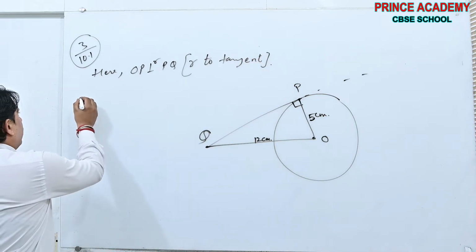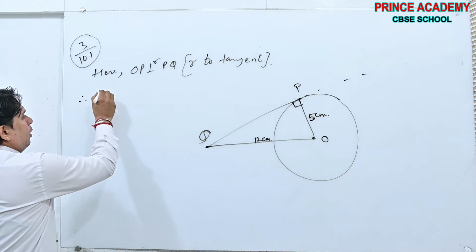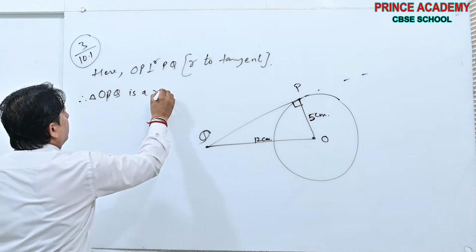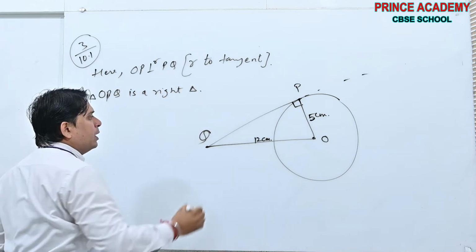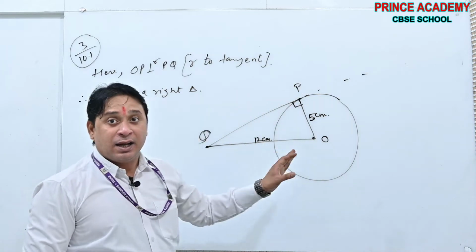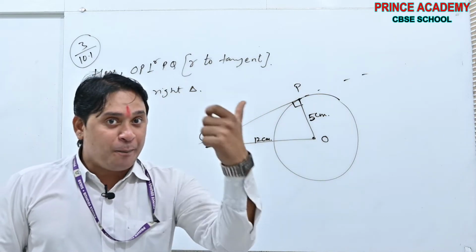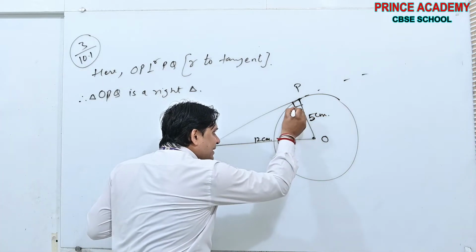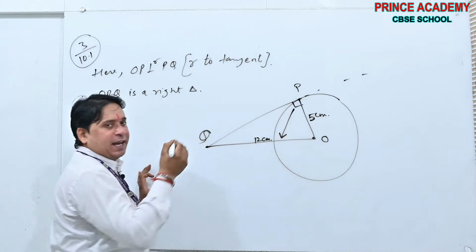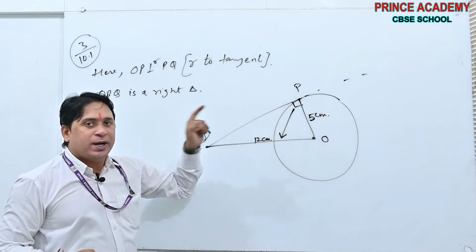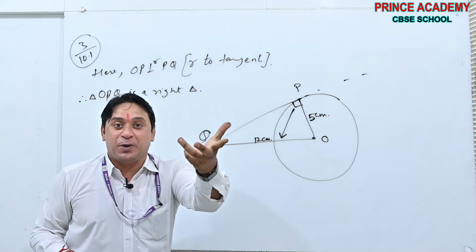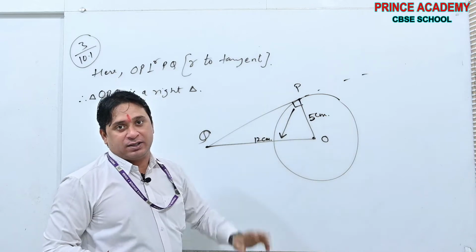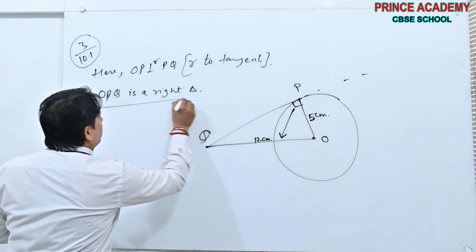Okay. Now, therefore, triangle OPQ is a right triangle. Yes or no? Triangle OPQ is a right triangle. Now, Pythagoras theorem can be applied here. See beta, the side opposite to the 90-degree angle is the hypotenuse. Yes or no? You can name the others base or perpendicular, whatever it is. See beta, what is the Pythagoras theorem?